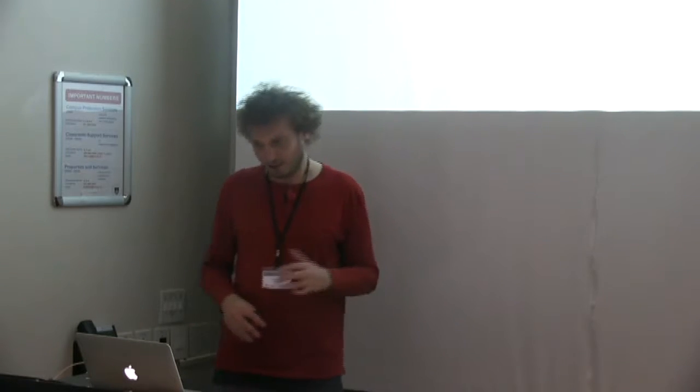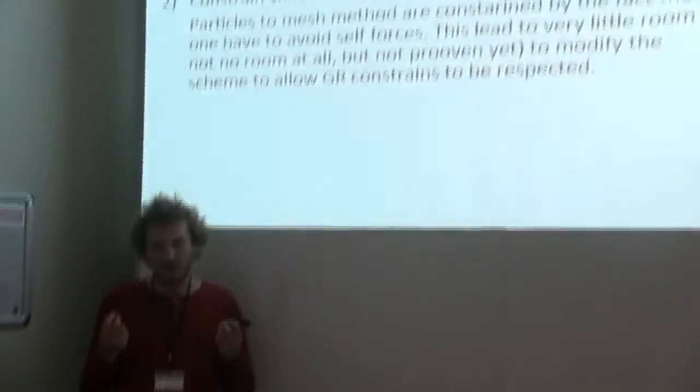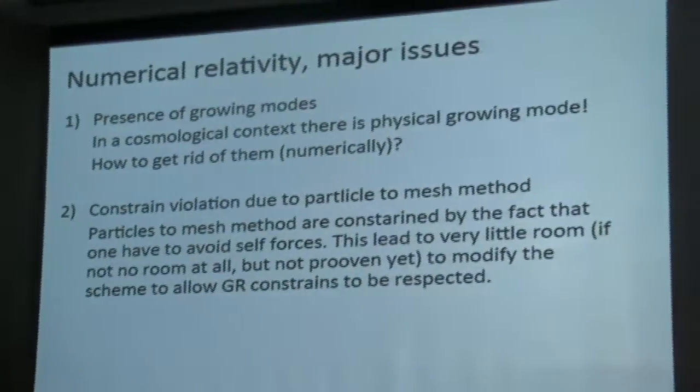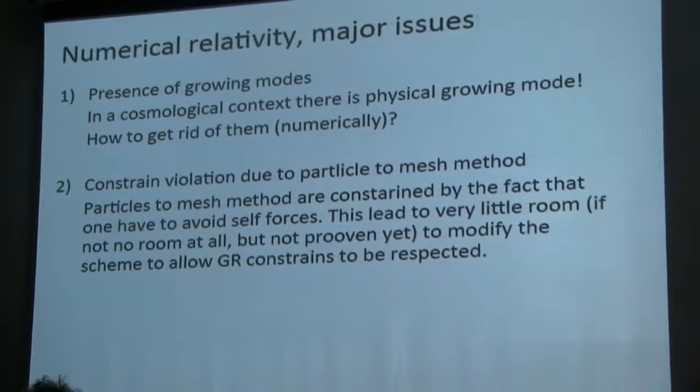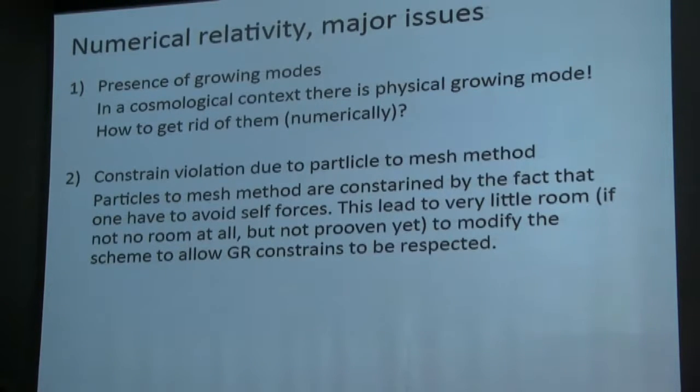The first thing is that it's a problem which is clearly not trivial to put in a computer. And I think that you have two elements that are really bad in cosmology for numerical relativity. First one is the presence of growing modes.